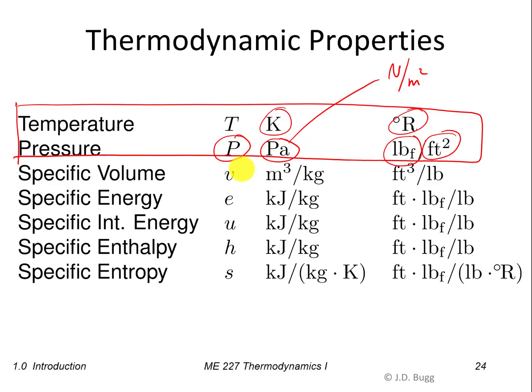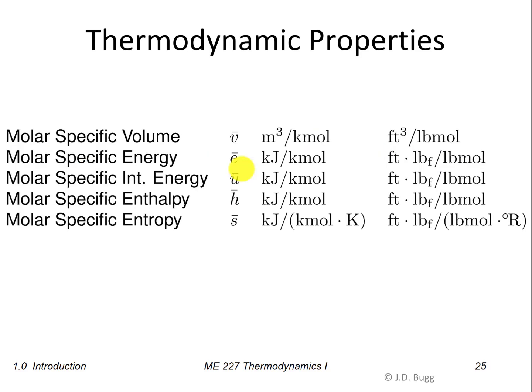Now sometimes we also look at these same 5 properties but on a molar basis. So notice in this list of property names there's just an extra word, molar, tagged on the front. So instead of volume, we're now talking about molar specific volume.